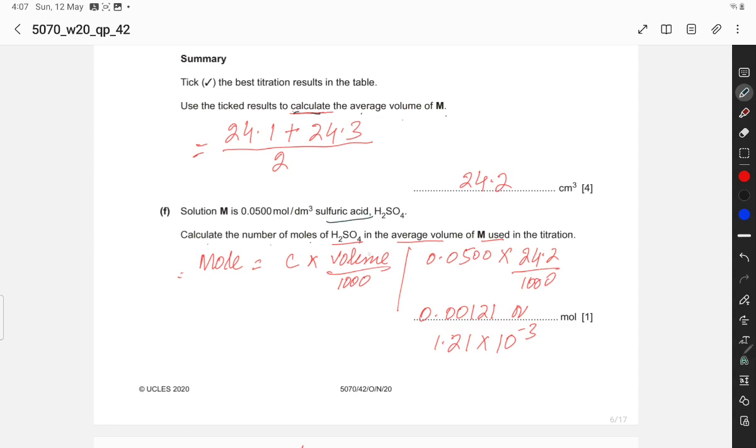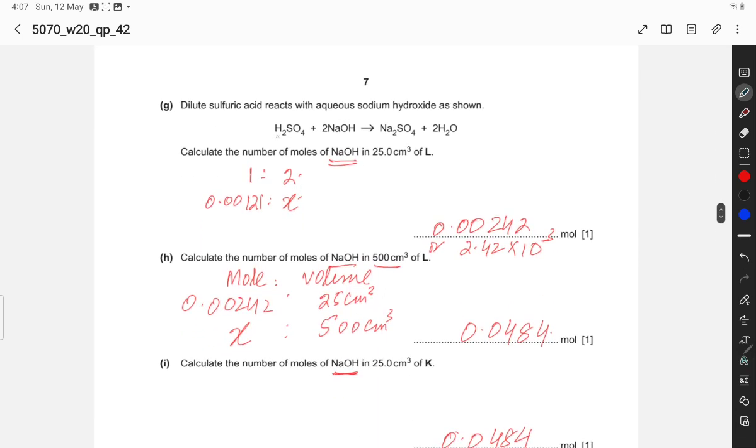Calculate the number of moles of sulfuric acid in the average volume of M used in the titration. The mole is equal to concentration times volume over 1000. 0.0500 mole per dm cube is the concentration, and this is the volume. So we get 0.00121 as the answer.